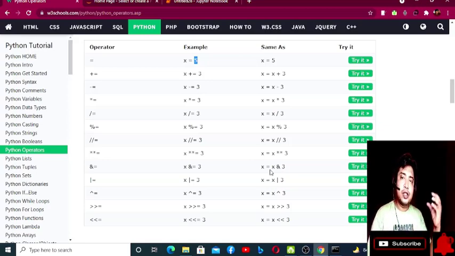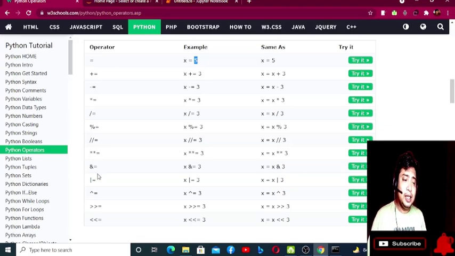The restaurant owner made a condition that I along with my friend have to go there, otherwise I will not get entry into the restaurant. That's why with this and operator, two things have to be satisfied. In mathematics, x equal to 1 and y equal to 1 gives 1, otherwise the rest are 0.